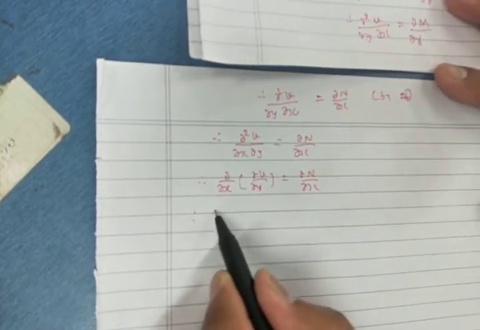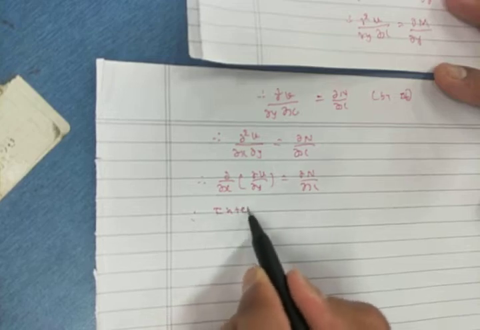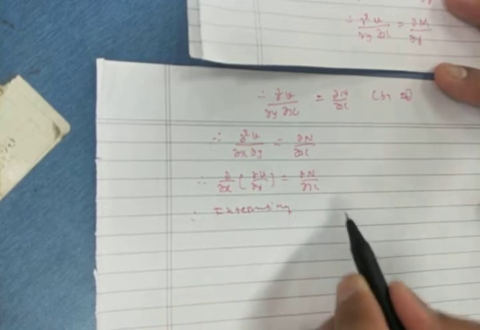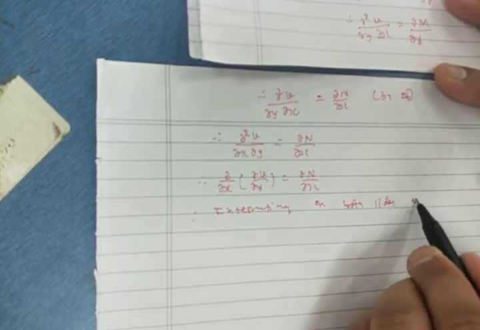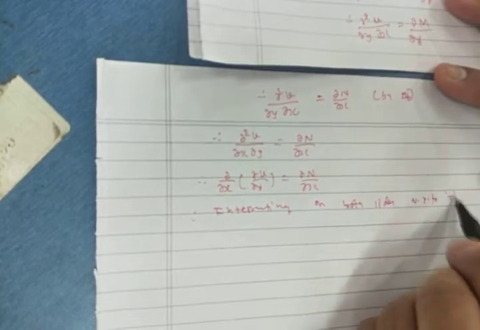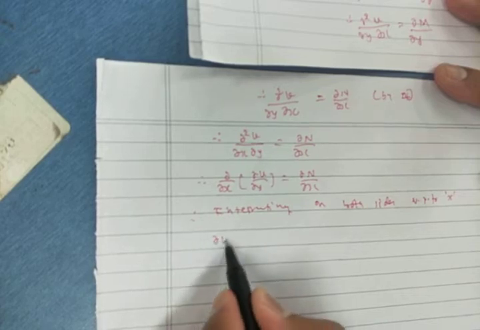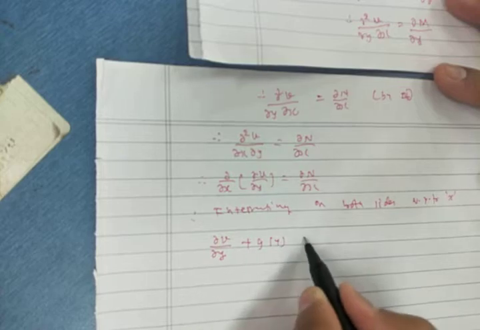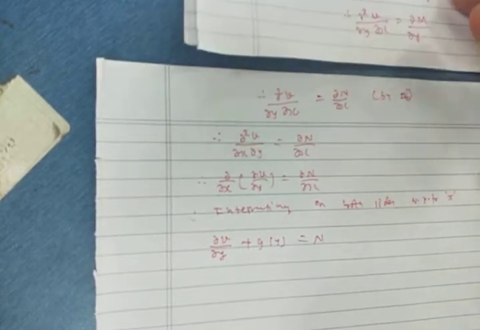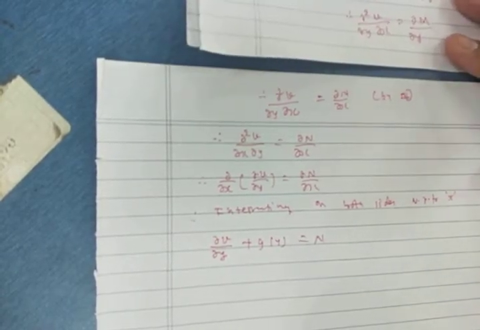Now on integrating on both sides with respect to x only, we get del v by del y plus some constant g of y, because we are keeping y as a constant, that is n.